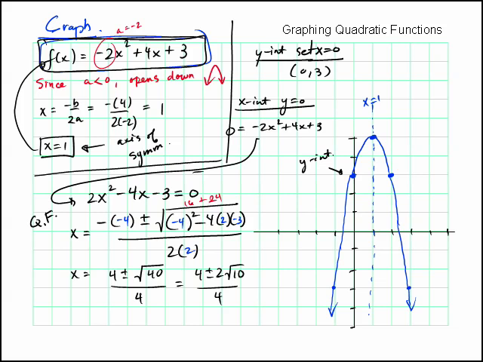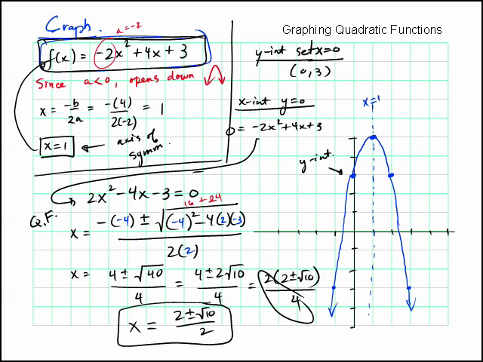And I can factor out a 2 out of the numerator. And then I can reduce right here. And so what I end up with is x equals 2 plus or minus the square root of 10 over 2. Right there. Okay, I have two answers.